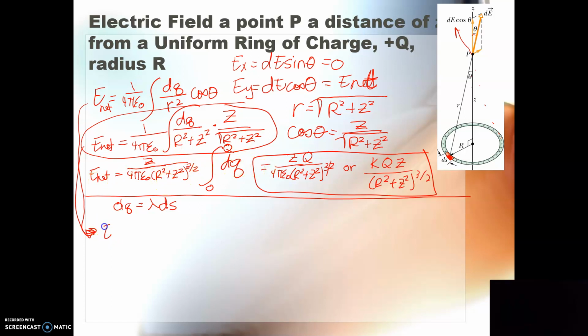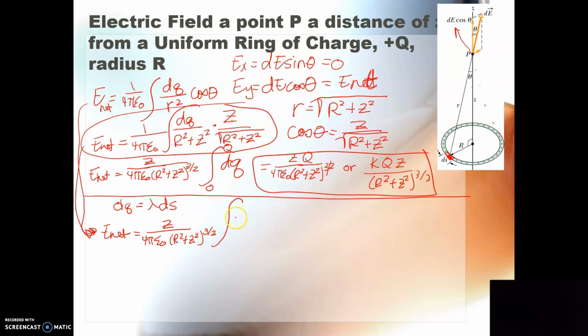I don't know. Anyways, the net electric field is, we've got our constant z. We have our 4 pi e naught. We have our r squared plus z squared to the 3/2. So that doesn't really change. But this is what changes.